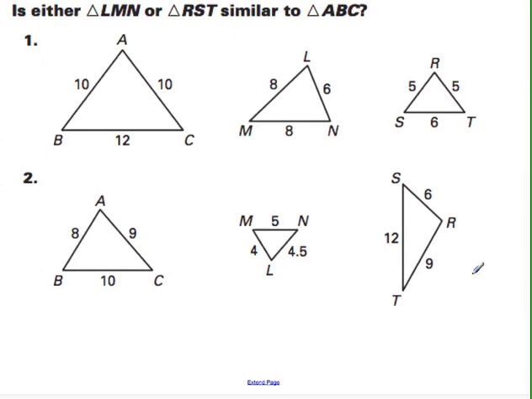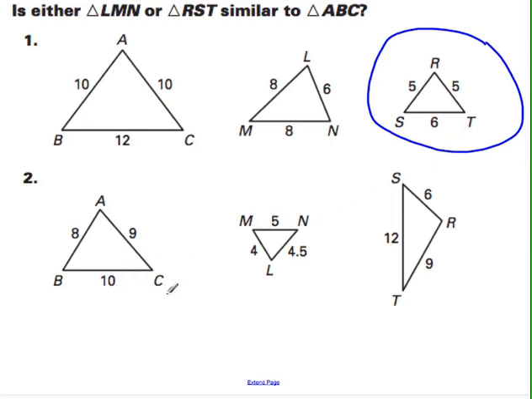First, we'll look at this example. Is either triangle LMN or RST similar to triangle ABC? This first one is 10, 10, 12. Looks like we have 8, 8, 6. It looks like 6 would be half of 12, but then 8 is not half of 10, so that's not going to work out. We have 10 to 5, 10 to 5, and 12 to 6. This one seems like it's going to be the same because the ratio of 10 to 5 is consistent with 10 to 5 and then 12 to 6.